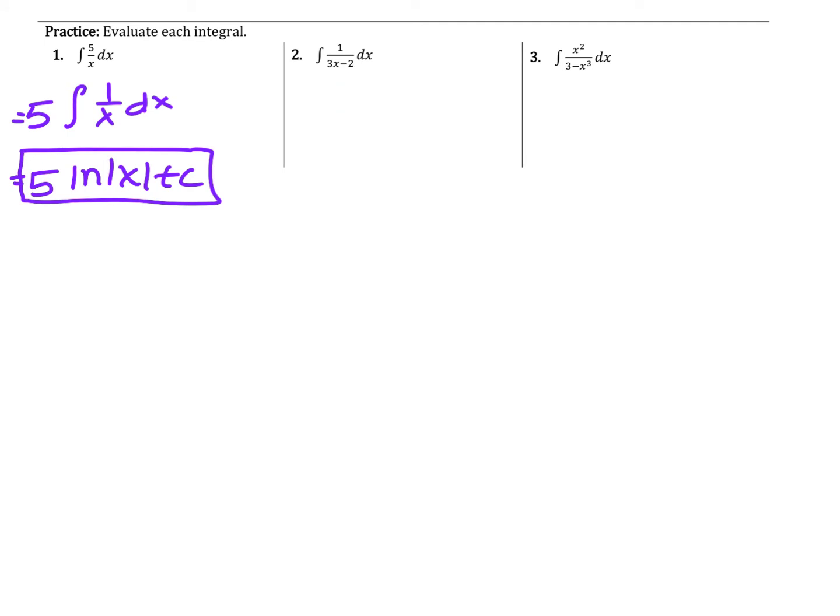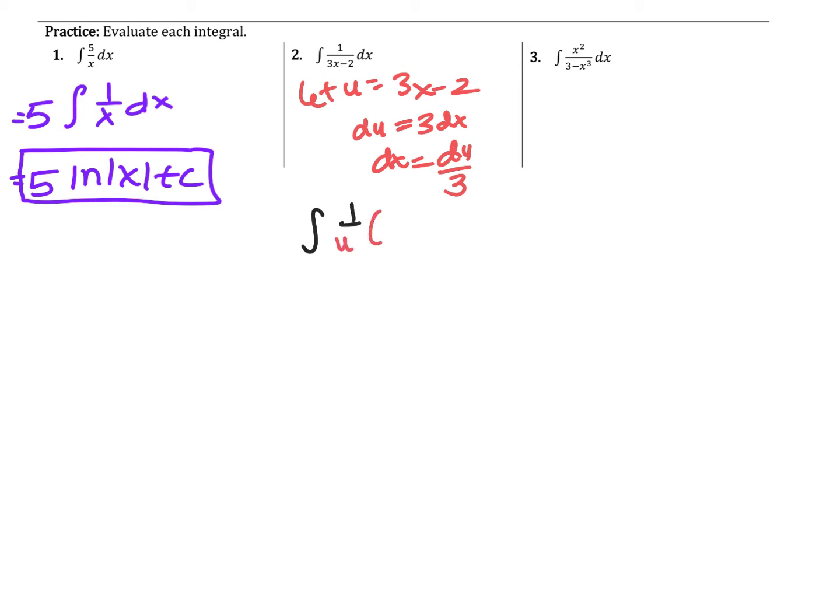So if I let u equal 3x minus 2, then du would be 3 dx. So dx would be du divided by 3. So I can rewrite my integral as the integral of 1 over u times du over 3. And I can simplify this to be 1/3 times the integral of 1 over u du.